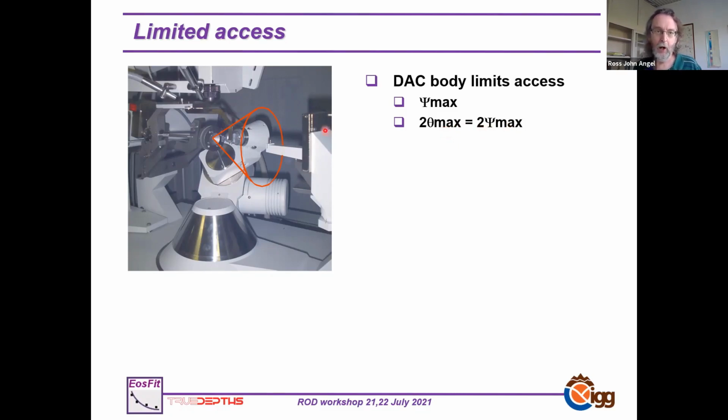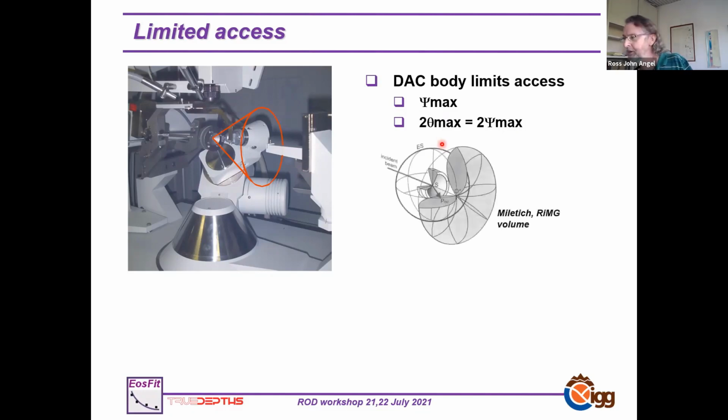So if your full opening angle here is 80 degrees, your psi max is 40, and your 2 theta maximum will be 80 degrees. But that's not the whole story. The access to the diamond cell when represented in reciprocal space is not spherical.